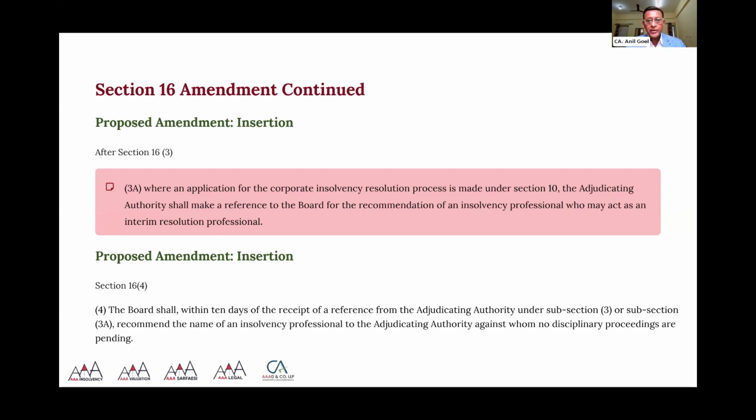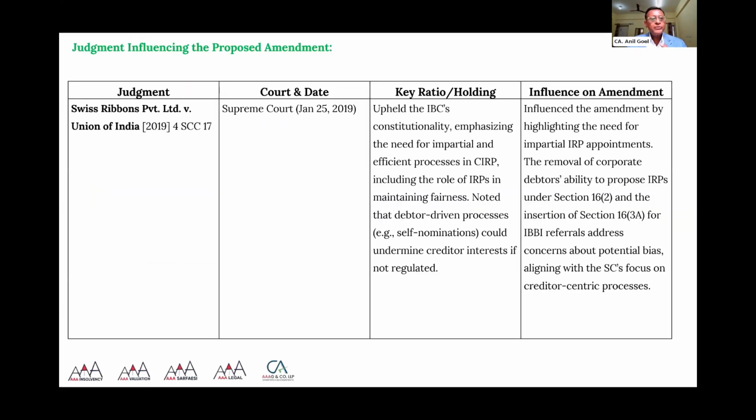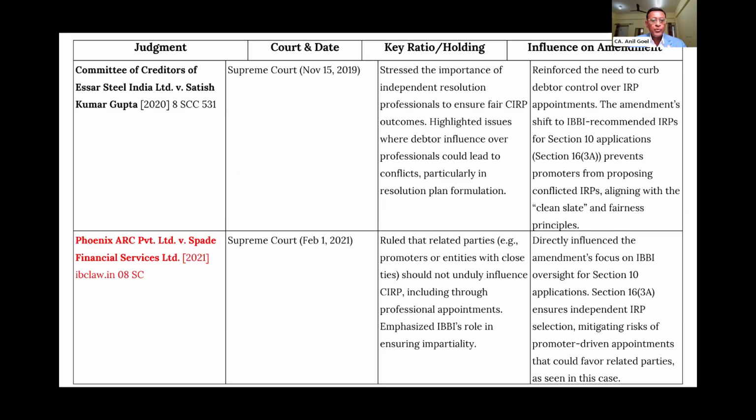So out of that panel, the IP would be appointed as interim resolution professional. Another insertion, sub-section 4, has been inserted. The board shall, within 10 days, recommend the name of an insolvency professional.